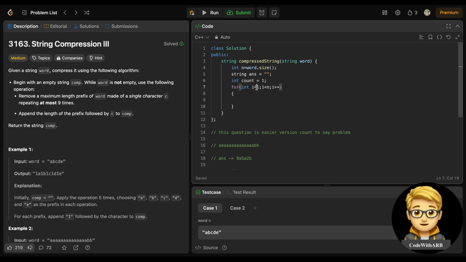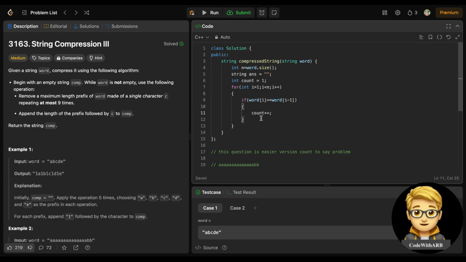So I start from index one to check if the character at I is equal to the previous character, it means I need to just increment the count, because I have already counted the previous one as one. So if the previous one is the same as the current one, I will increment the count, right?